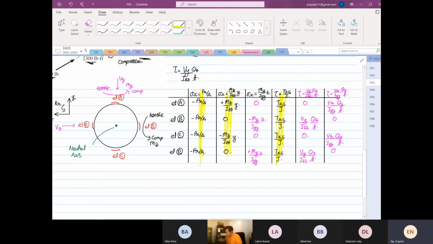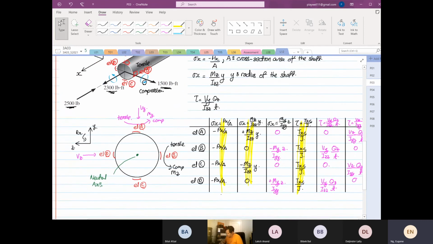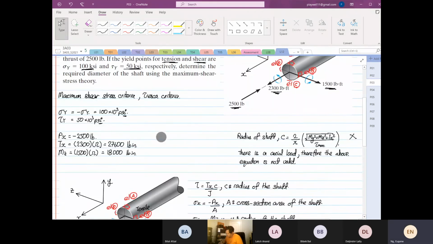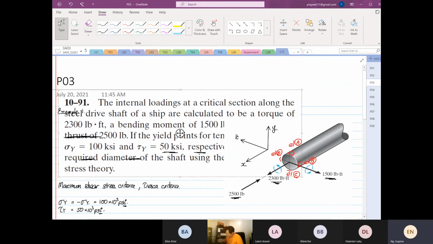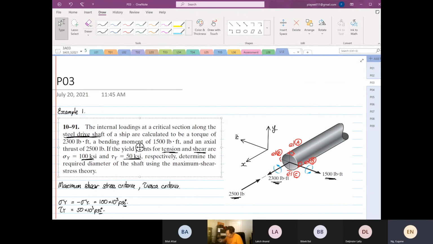But before we go there, the question is tricky in this way. If you look at the question, it states that the yield point for tension is at 100 KSI.